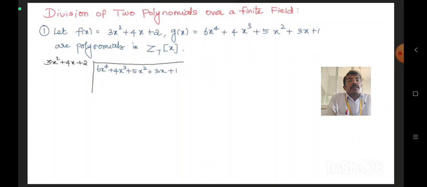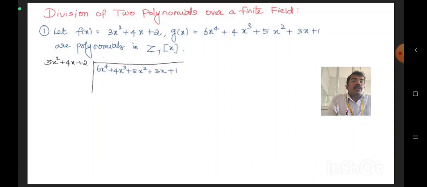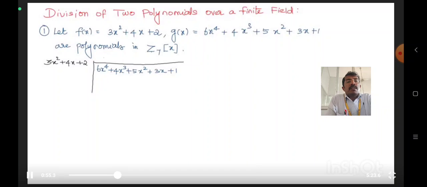I take g of x and divide by the divisor 3x square plus 4x plus 2, and I am trying to understand what quotient I will get and what remainder I am going to get. This is my plan, and I will find out whether the results are in the field Z7.